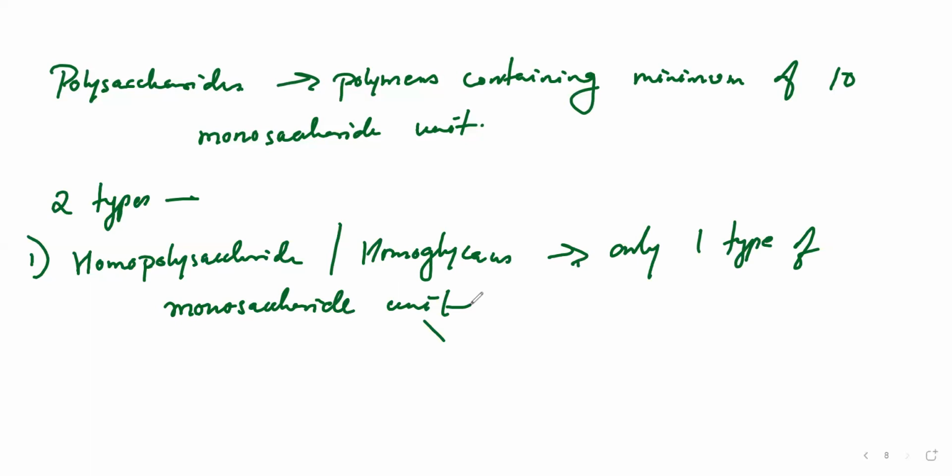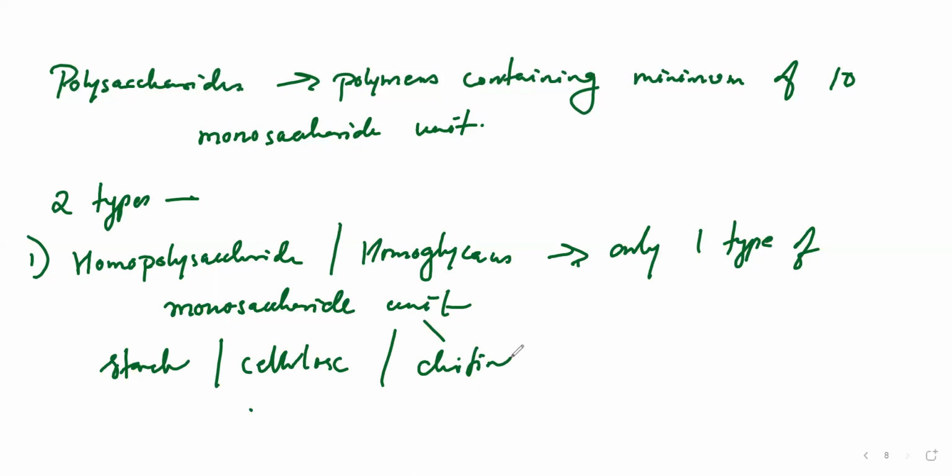If you take the chain of glucose, we have examples such as starch, cellulose or chitin. This contains a chain of glucose units only.